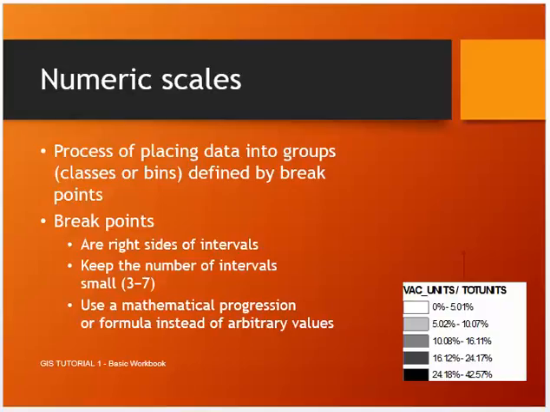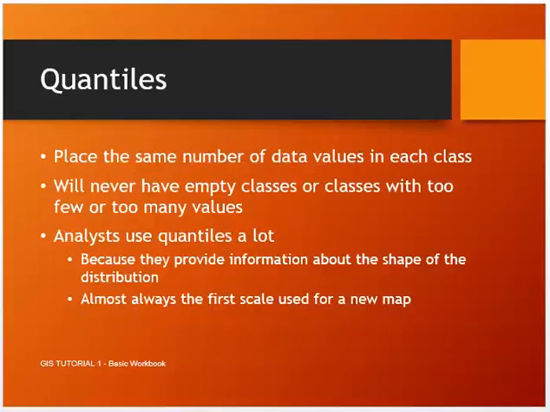The eye can't really differentiate much beyond 7 different shades of the same color. So let's talk about some of the basic ones. Quantiles. This is where the data is divided up with equal number of records in each class. You never have empty classes, and you never have classes that have a huge number of values in them. It usually makes for a pretty visually appealing map to use quantiles.